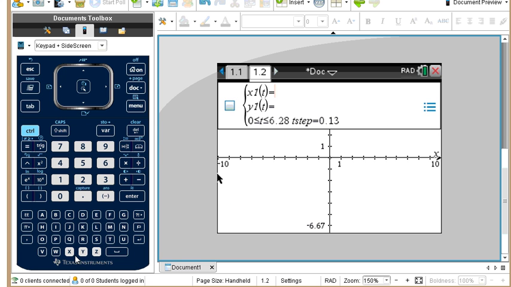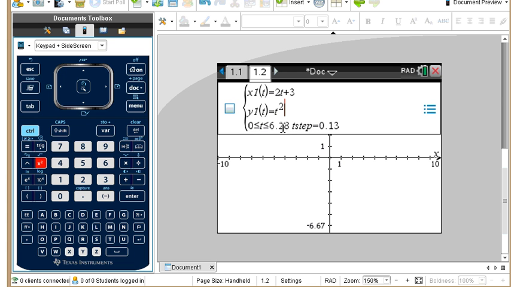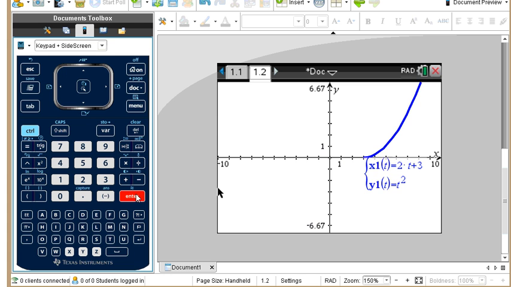And so we have x equals 2t plus 3, and we have y equals t squared. And then we can adjust the value of t. Here we have t between 0 and 6.28. I'll just leave that the same and press enter.